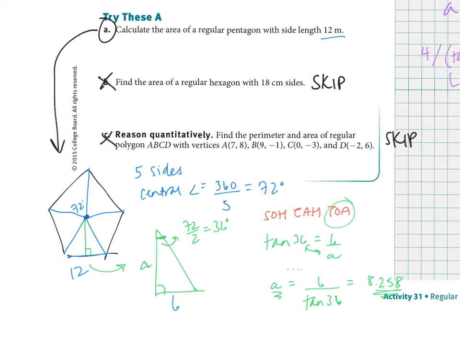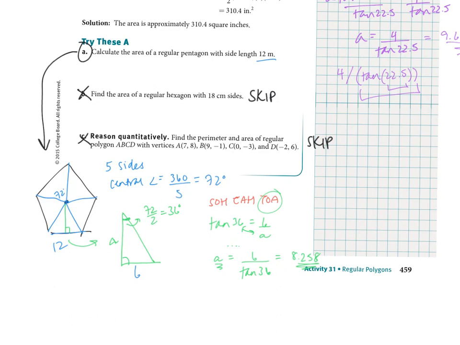We need our apothem along with the perimeter to figure out what the area of this pentagon is. So now we're going to try to find the perimeter. Well, remember, perimeter is going to be however many sides times their length. So each of these is 12 long, and we have 5 of them, so we multiply them together. Voila, we get 60.